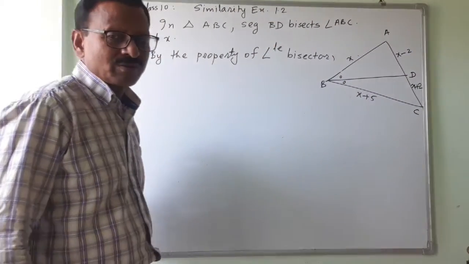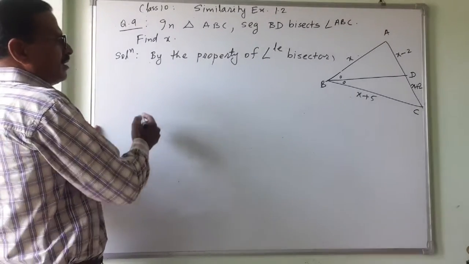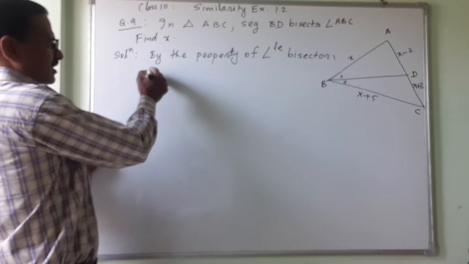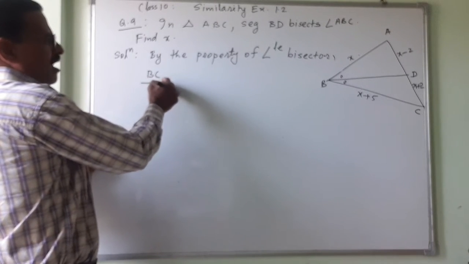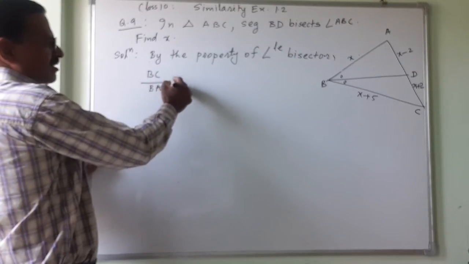But we have to take them in a sequence. So I will take the ratio of the sides first. Means BC upon BA. This I will take first.